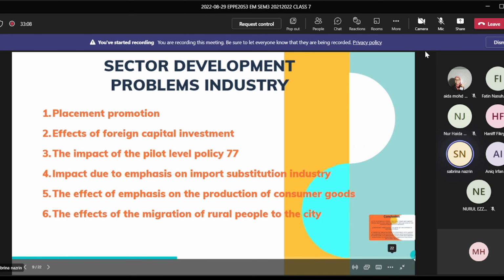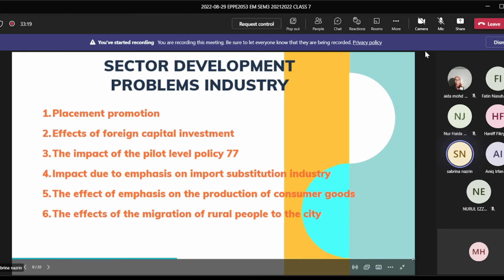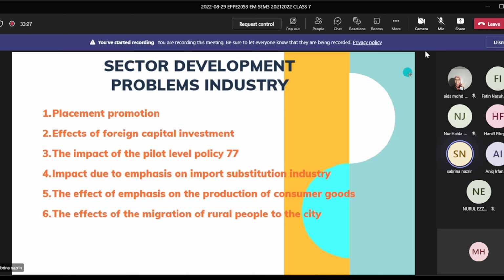The sector development problems of the industry, which are six. The first one is placement promotion. Number 2 is the effect of foreign capital investment.